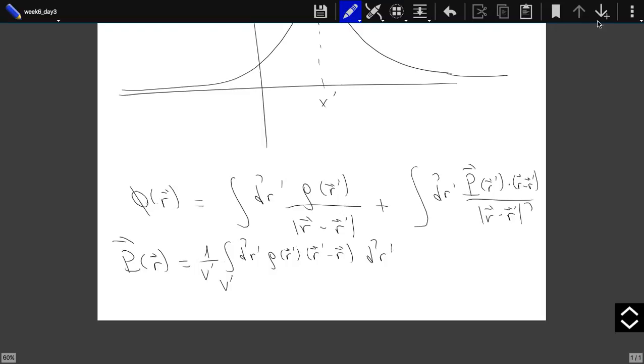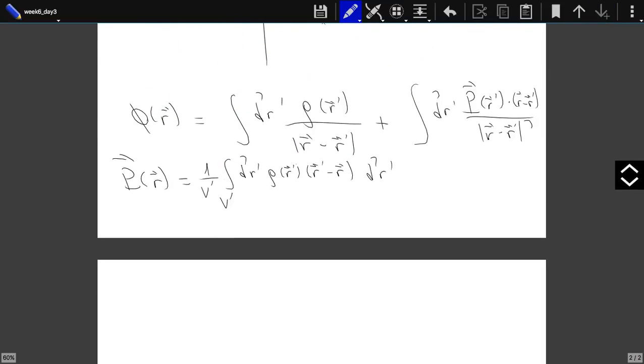And then we had said that this additional term we could write like the first term, with the identification that it corresponds to a bound charge density, which was minus the divergence of this polarization density, and the bound surface charge density, which was nothing but the normal component of this polarization density.